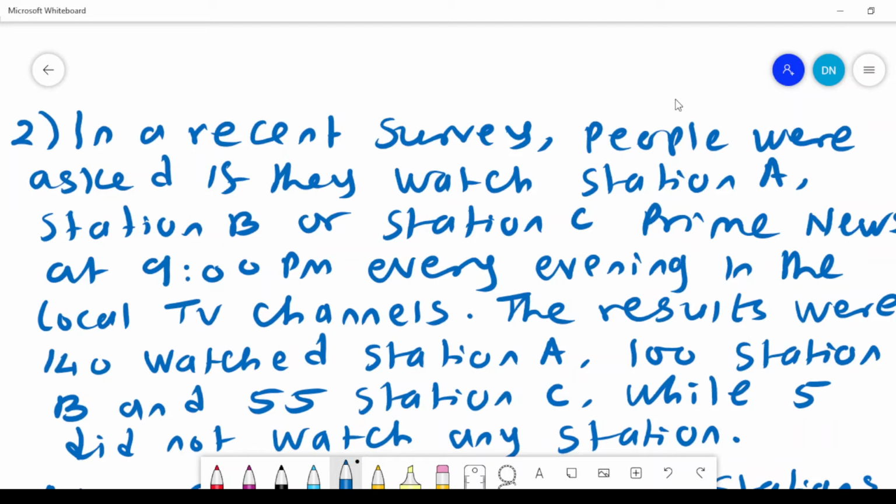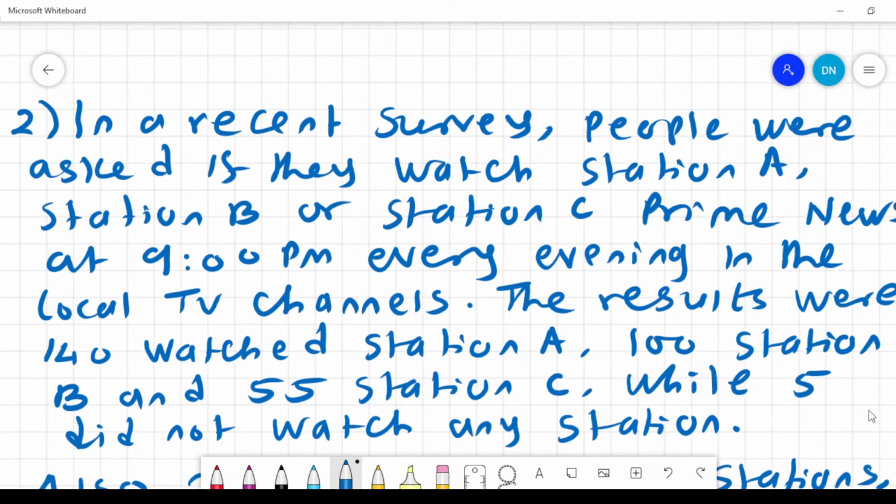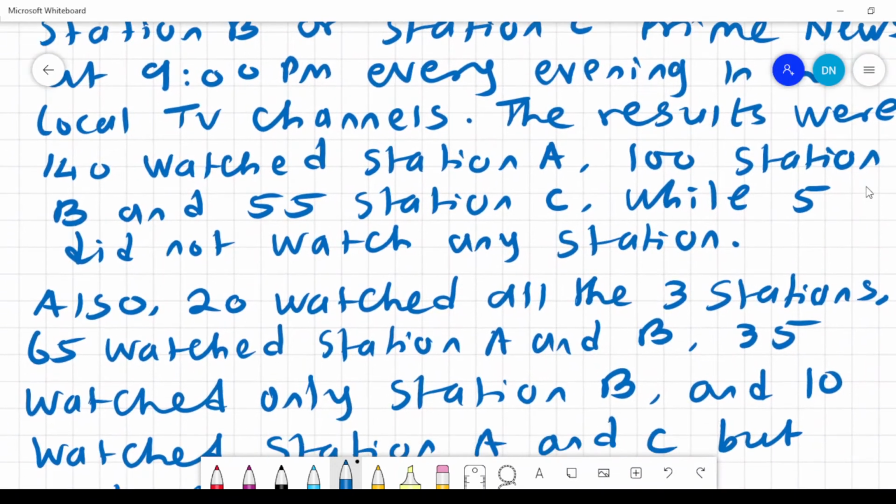The results were: 140 watched Station A, 100 watched Station B, and 55 watched Station C, while 5 did not watch any station.